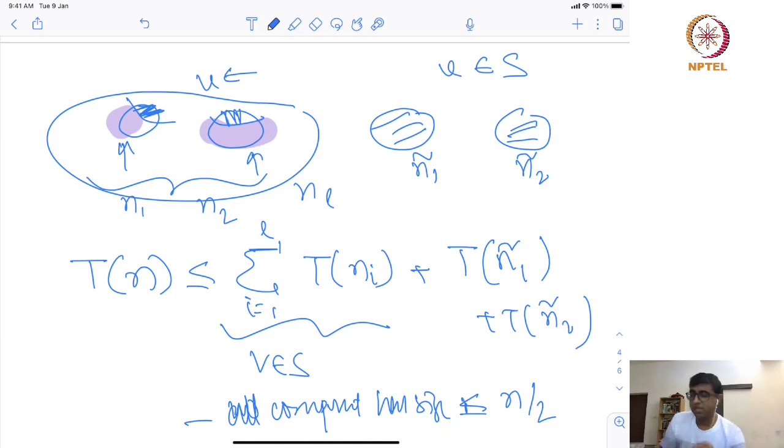I will construct such an example soon, but just keep in mind the property I am using: this vertex had a very interesting property that it was able to separate or partition my graph into two parts, and no part is very big.